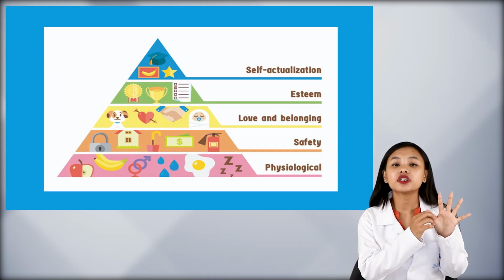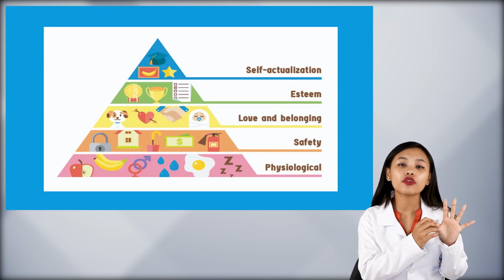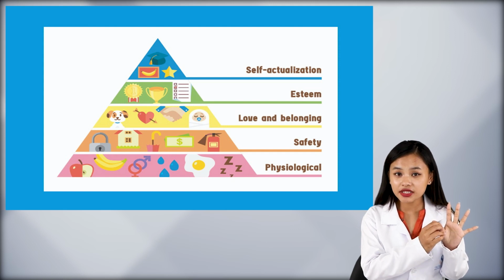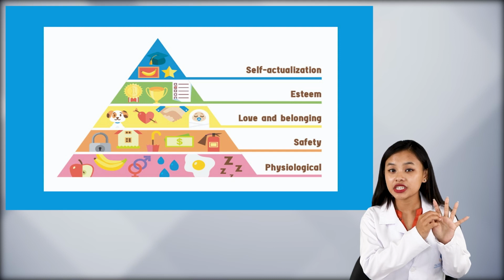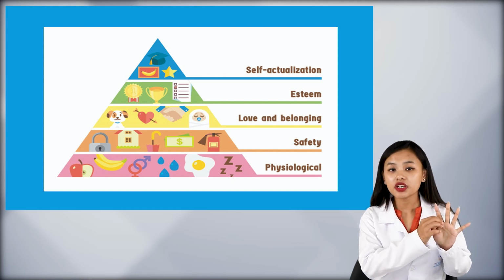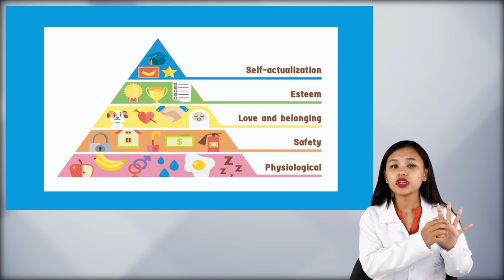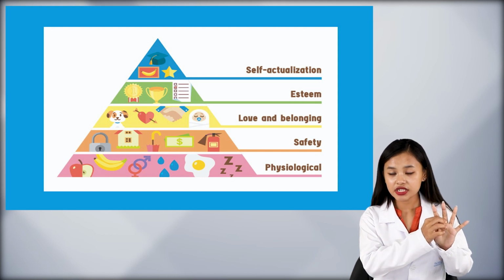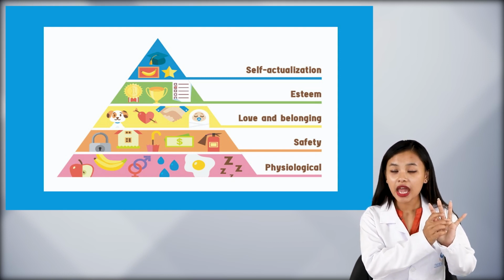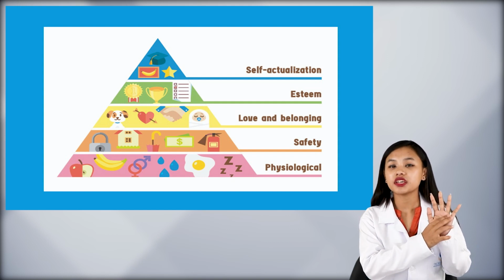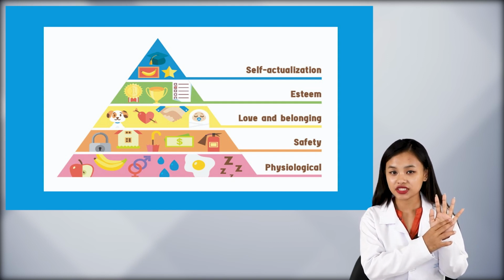The first stage is the physiological needs. The second is the safety needs. The third is the social needs. The fourth is self-esteem. And the fifth is self-actualization. To get a clear idea, let us look at each one in detail.